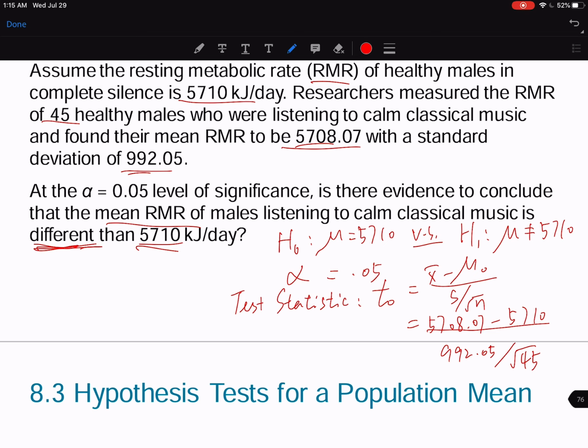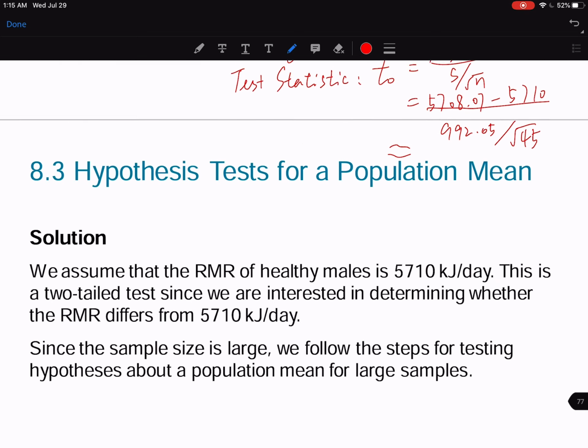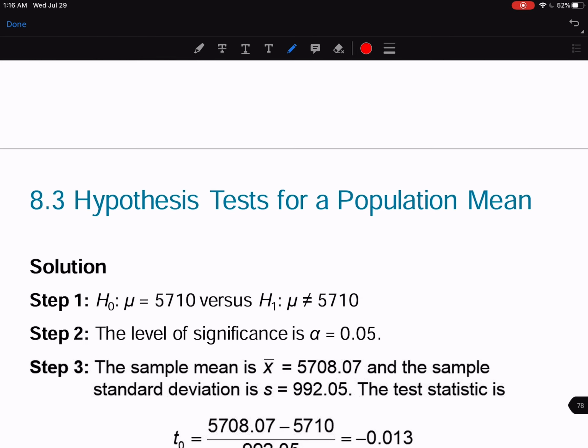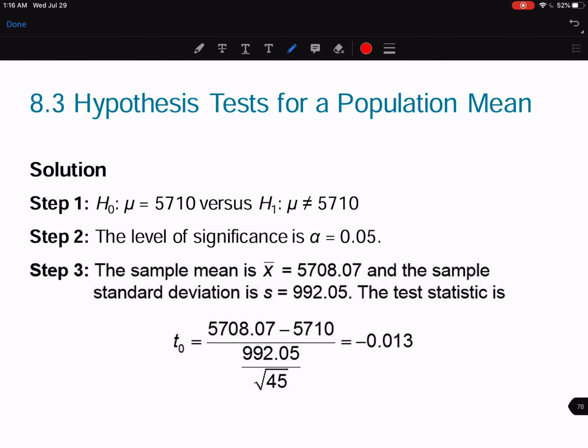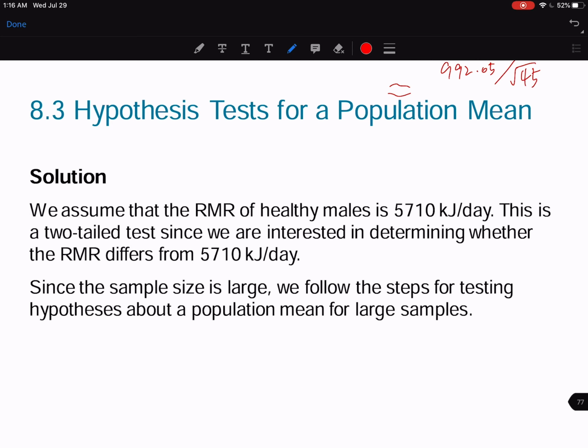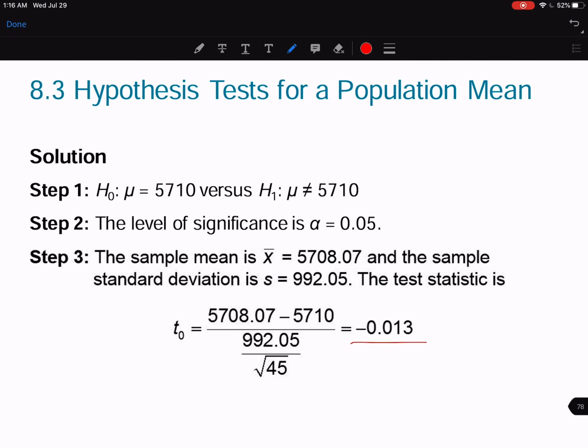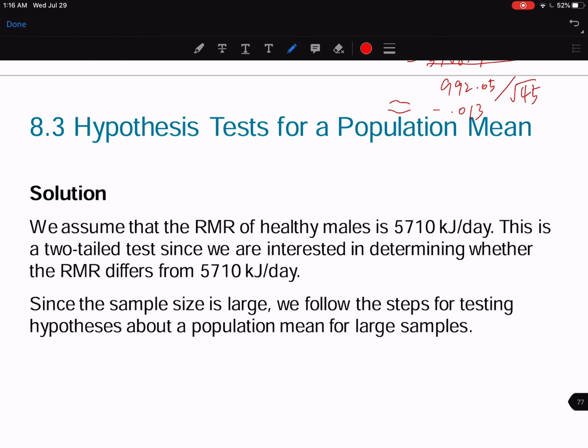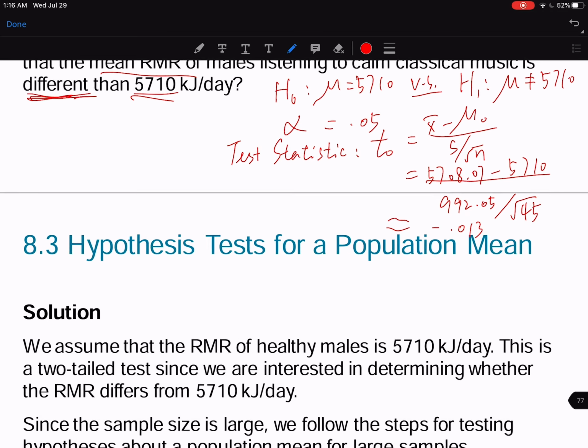If you type this whole thing in a calculator, you will get something. I will just go ahead and copy the answer from the solutions. So this is approximately negative 0.013.